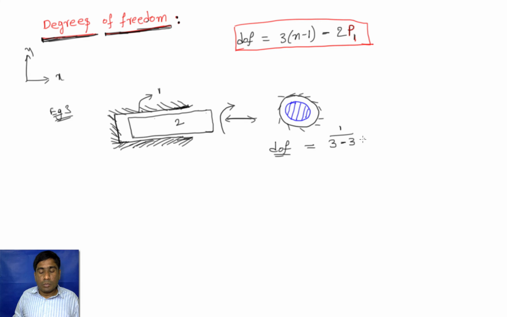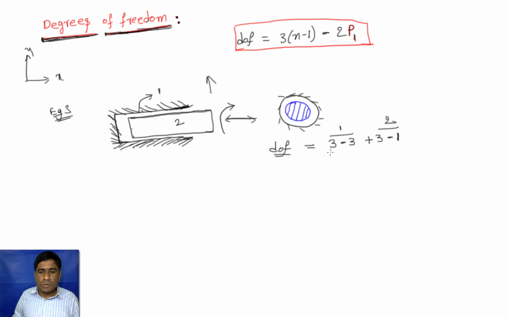And for the body 2 it should have 3 degrees of freedom in a plane, but here only 1 degree is constrained, that is along this direction. It is rotating and translating, but in this direction translation is constrained. So only one constraint. This is for the body 2.